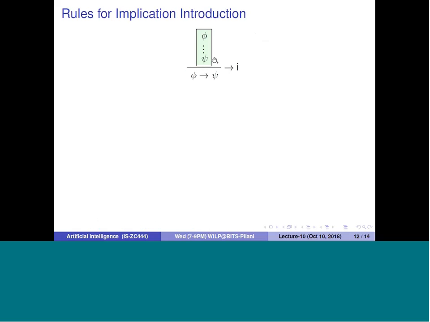You see, this is a box. What does it mean? Anything you can assume. In the box, this is your world. In your world, if you start with phi and you get psi, because it is inside the box, whatever is happening over here is not valuable from outside. If in your box you start from phi and you get psi, then you can say that phi implies psi.